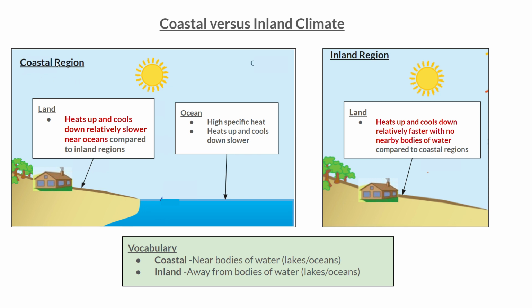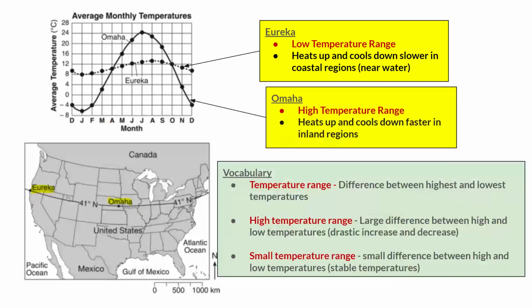So the climate of coastal regions is very stable. It doesn't get too hot. It also doesn't get too cold because they're near water. But inland regions that are much farther from water, such as deserts, will heat up and cool down very fast because there's no influence from the ocean nearby.